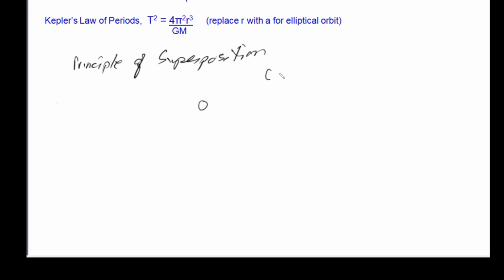So if you have three masses, mass 1, mass 2, and mass 3, they're all exerting forces on each other. The total gravitational force on mass 3 will be the one from mass 2 and the one from mass 1. So all the individual forces will give you a sum that will give you your net force.